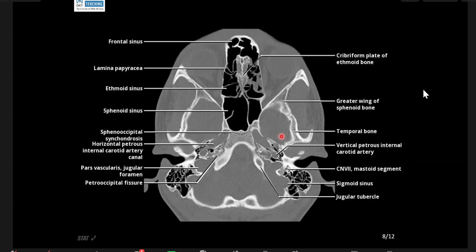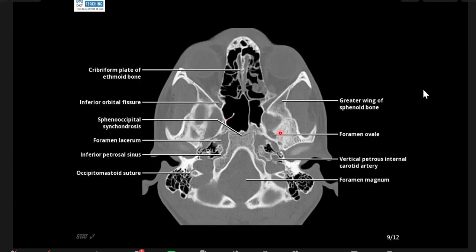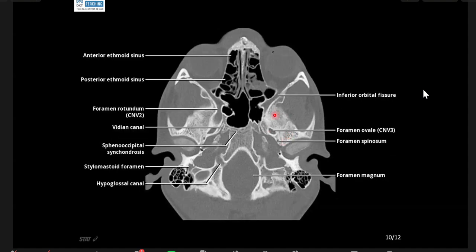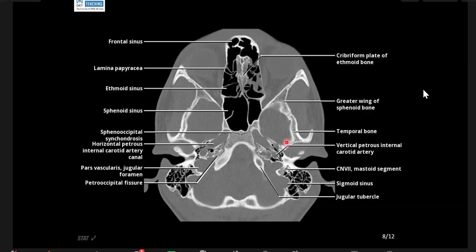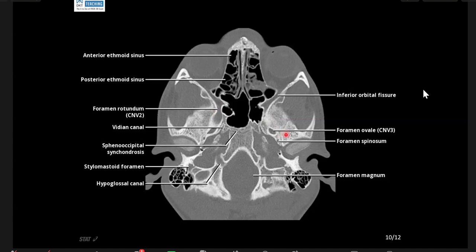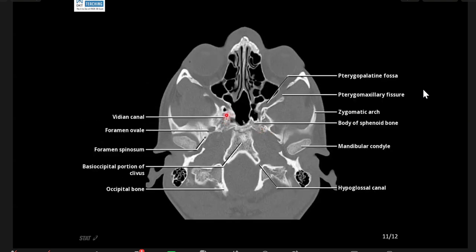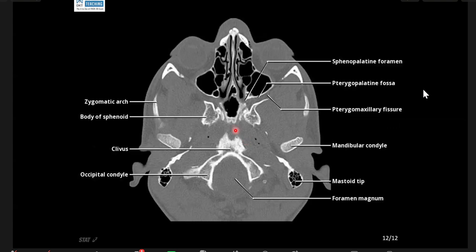This is the foramen rotundum on this side, and as the slice passes through the longitudinal axis of the bone, we can see foramen ovale and spinosum. This is the foramen rotundum on this side, which is not as clearly seen as on the right. If we continue below, this is the sphenoid sinus, and then you will see the Vidian canal coming into view, and now this is the pterygopalatine fossa.